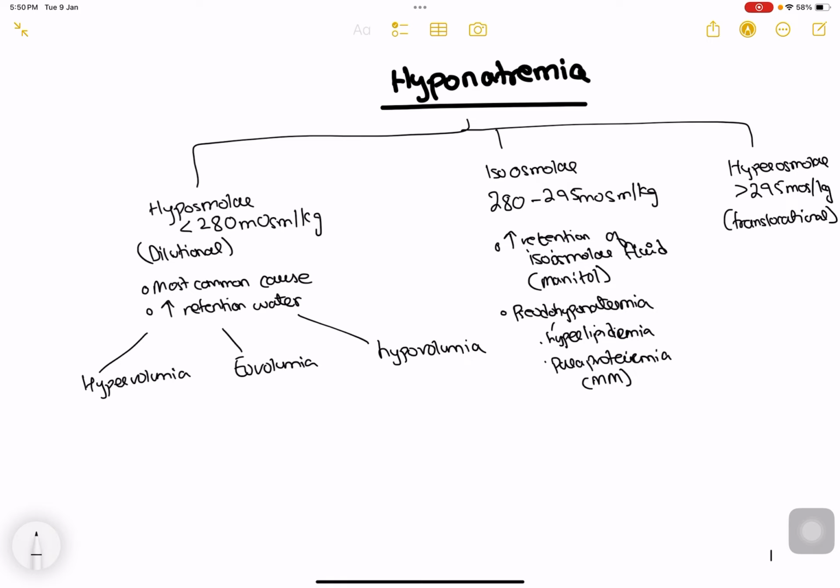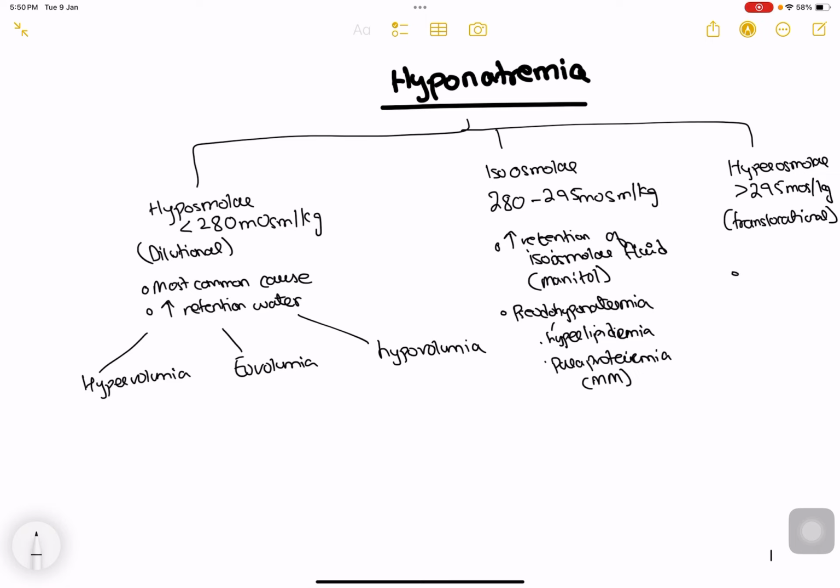There are extra osmoles in the ECF that draw water out of the cells, diluting the sodium in the ECF. So there is increased water, usually glucose, rarely hypertonic mannitol. Every 10 millimole increase in blood glucose results in a 3 millimole decrease in sodium.